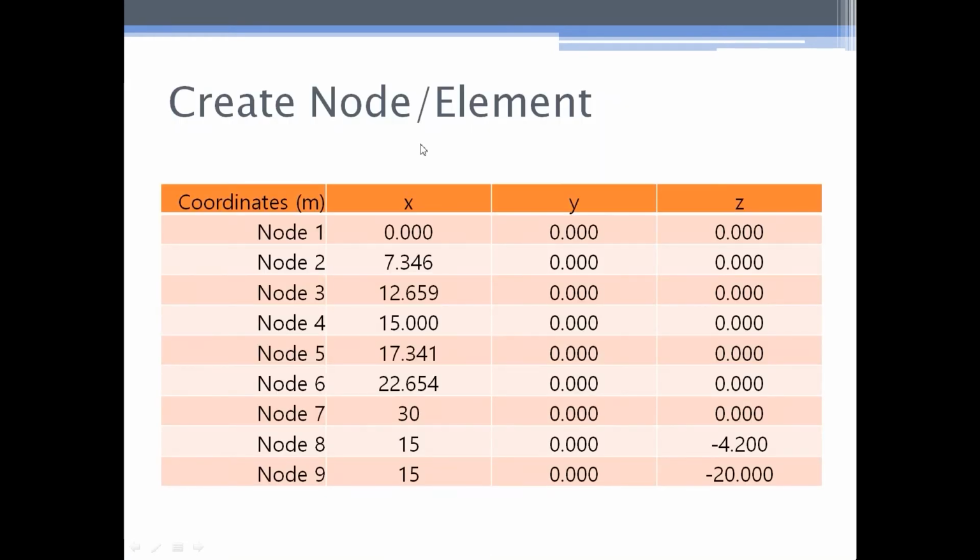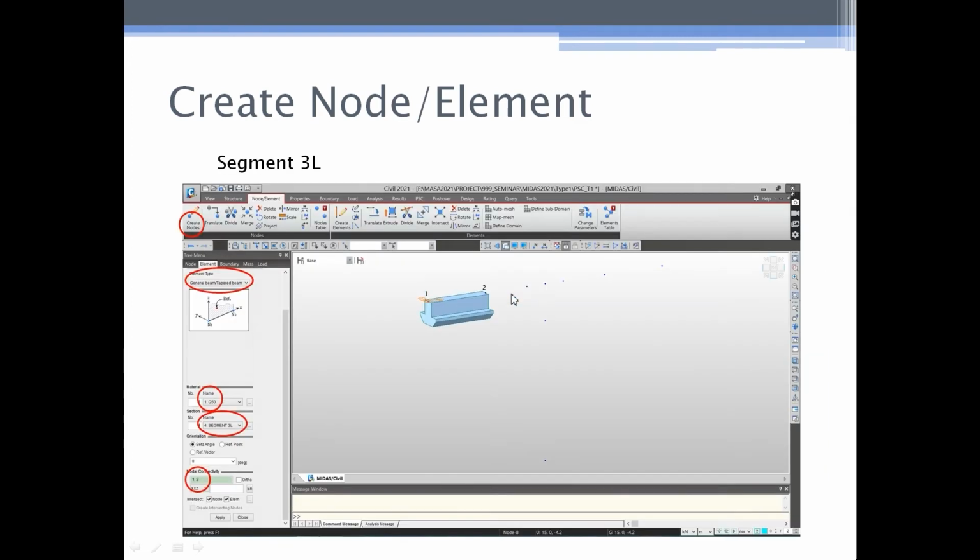Now we're going to create the nodes for the models. Here the position of the node and the coordinate of the node to be input in the model. And now we're going to define the element of the structure.